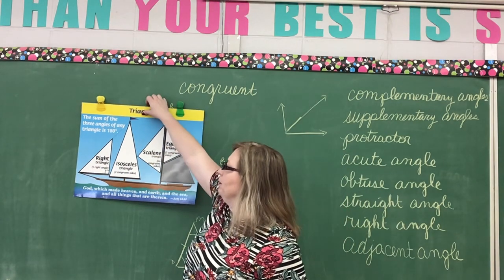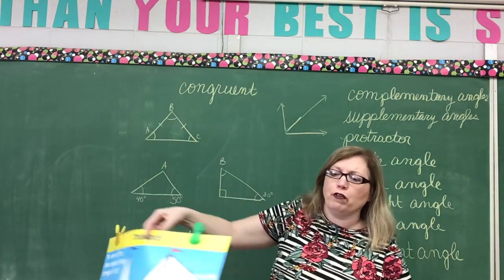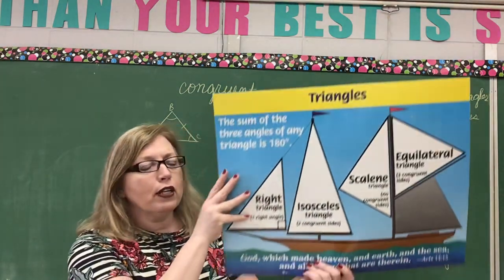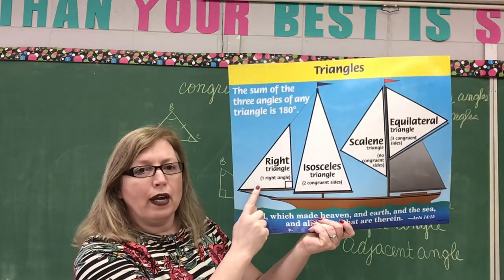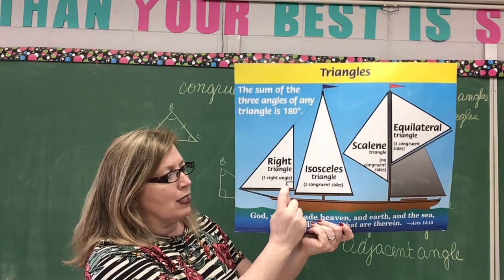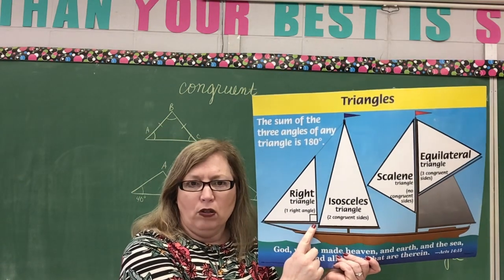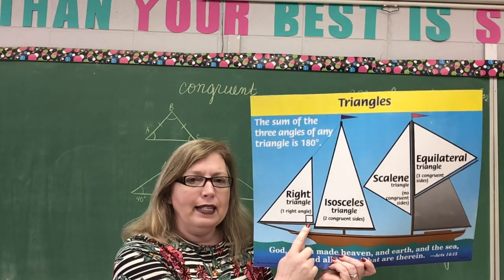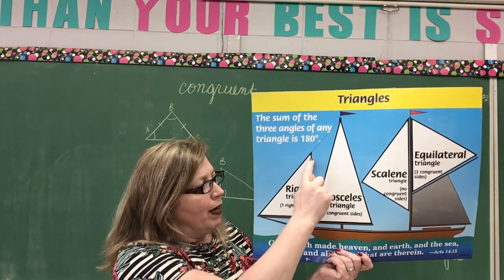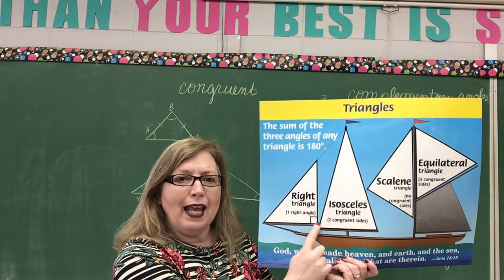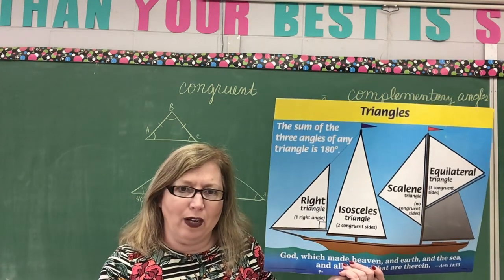Let me explain. We'll pull this up a little closer for you so you can see it a little better. Okay? Let's look at this poster. In this triangle, we see that it has this little square in the corner. That's an indication of what kind of an angle? A right angle. Anytime we have an angle, and here we have this angle right here, we have the square, it's telling me that this angle is a right angle.